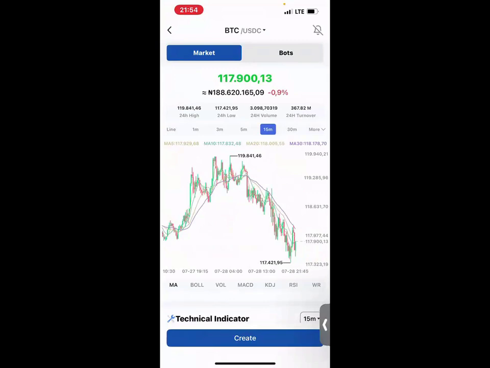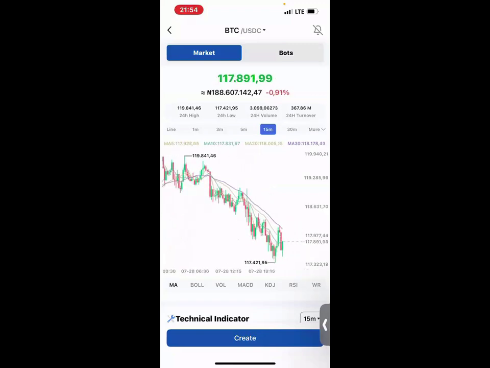So we're on the 15 minutes time frame here, so our MA5 is calculating the average price of this asset we are trading, which is BTC. It's picking the average of the last 5 candles.